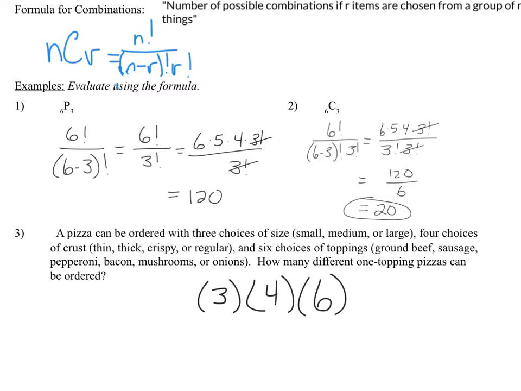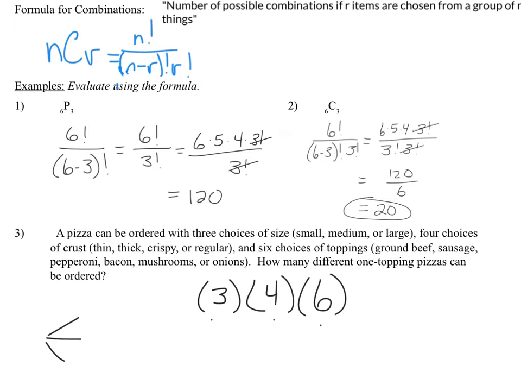So what this represents, the product of this will be for each size option, I then have 4 options of crust and 6 options of topping. I can think about it, we won't do the whole thing, but as like a branching tree, right?